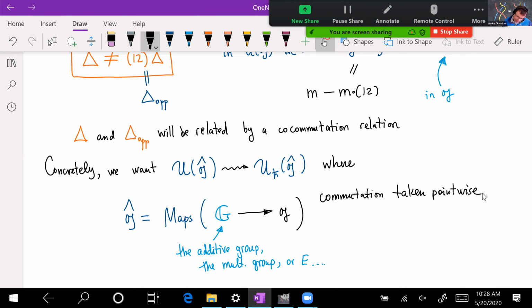In other words, if you want to introduce a coordinate on this additive group or multiplicative group, you take g and adjoin the polynomials in one variable t, which is the coordinate on the additive group, or you take g and adjoin an invertible element. So this is for G additive or G multiplicative.